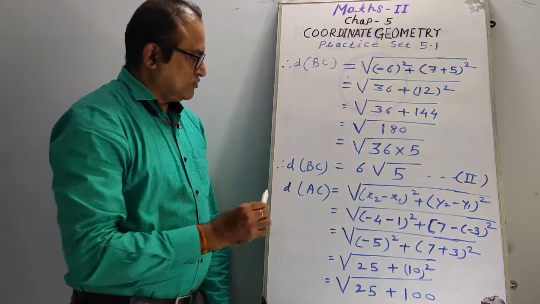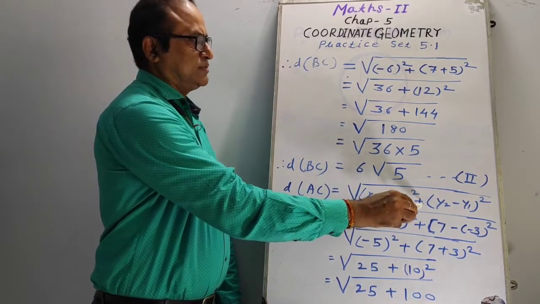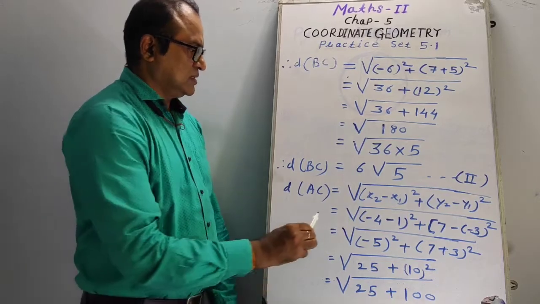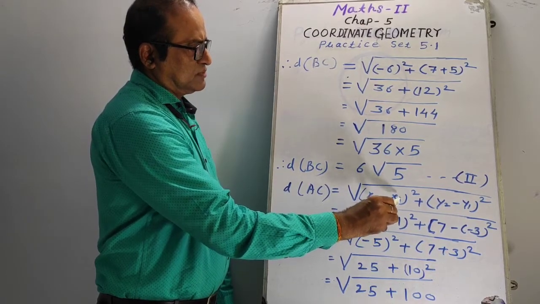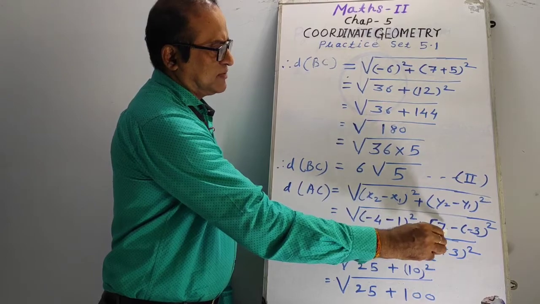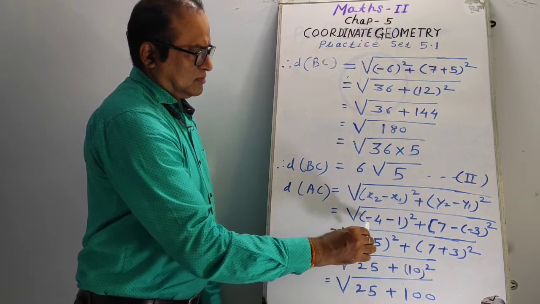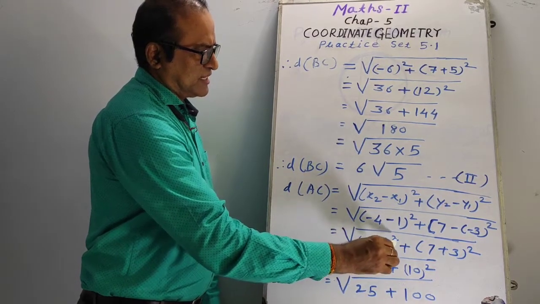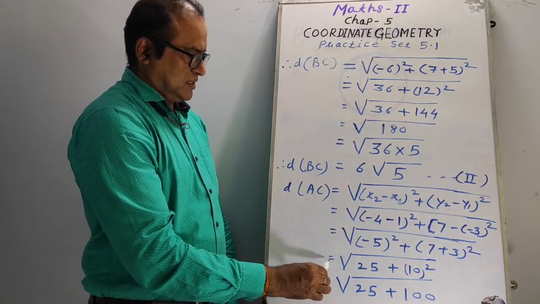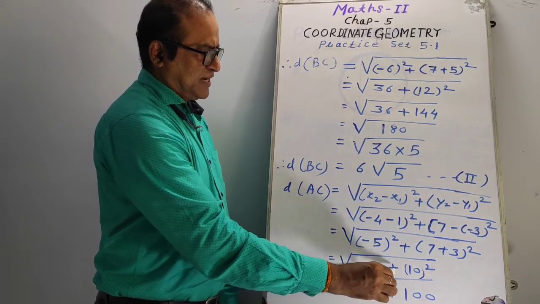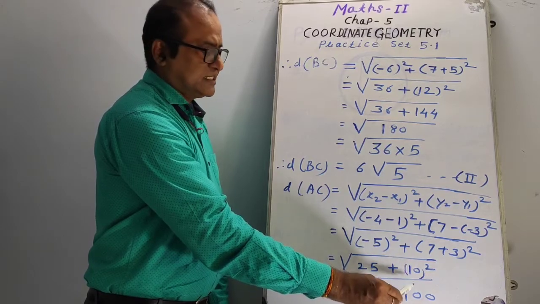Third, now find distance AC. Distance AC is equal to root of (x2 minus x1) square plus (y2 minus y1) square, the distance formula, is equal to root of (x2 value is -4 minus x1 value is 1) square plus (y2 value is 7 minus y1 value is -3) square, is equal to root of (-4 minus 1 is -5) square plus (7 plus 3) square, is equal to root of 5 square is 25 plus 10 square is 100.